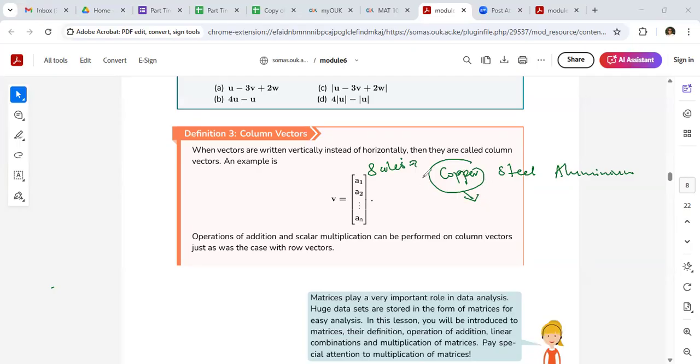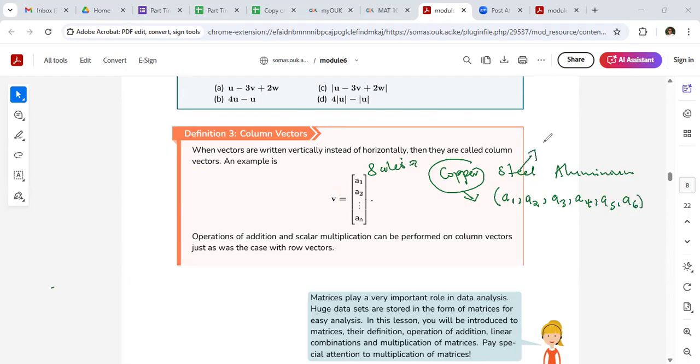I can represent the sales per week by a vector. Say on day 1 I sold A1 copper rods, day 2 I sold A2 copper rods, day 3 A3 copper rods, A4 copper rods, A5 to A6.